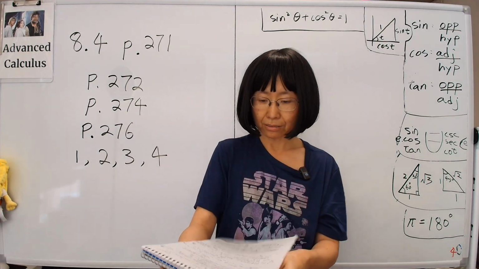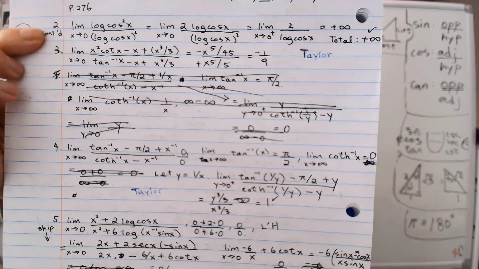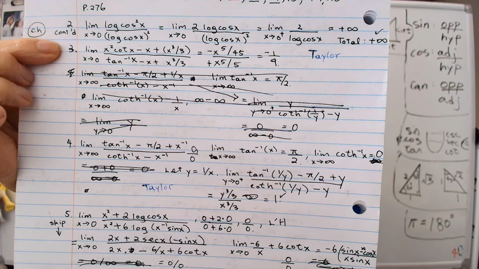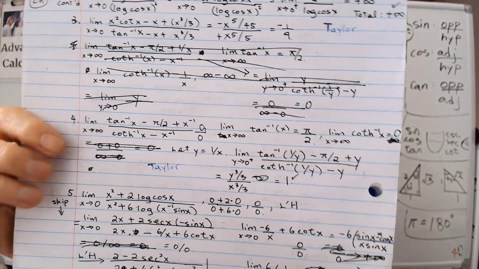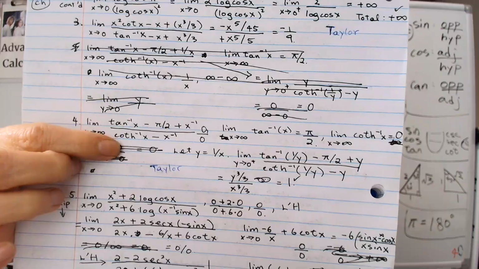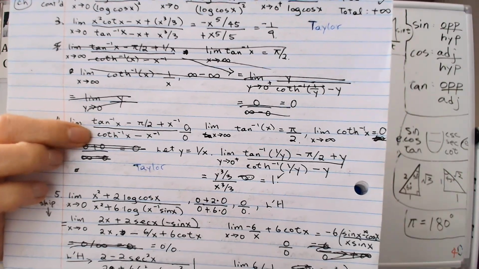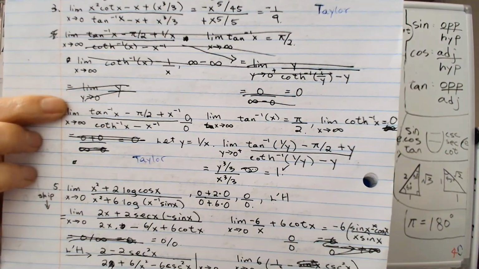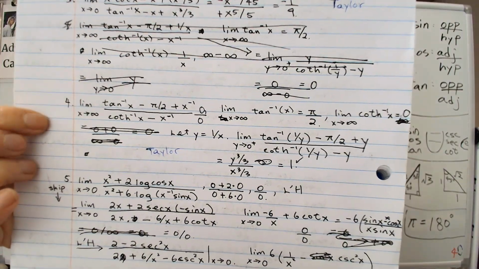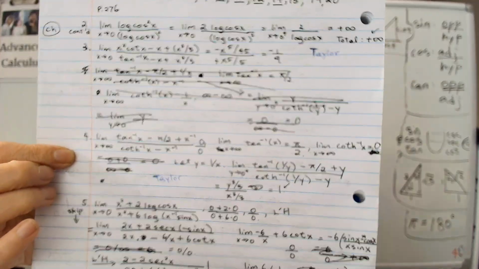And then here's more of problem 2, and then problem 3, which is the Taylor expansion, and then problem 4, which has this thing right here. That's the hyperbolic function. You don't have to know what it is. Just Google what the Taylor expansion is and plug it in, and then you'll be good to go. That is all the answer.